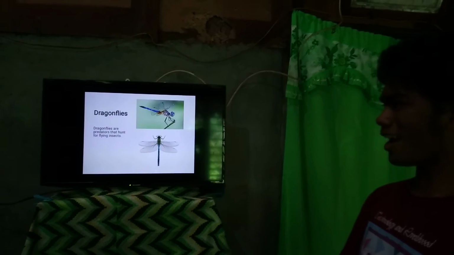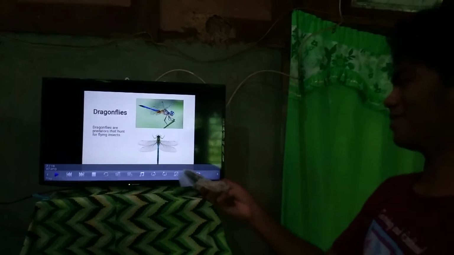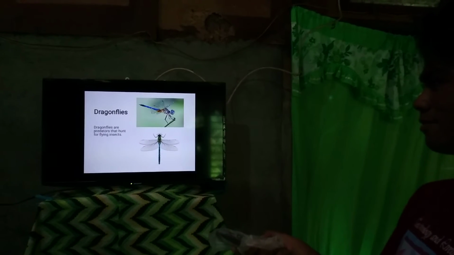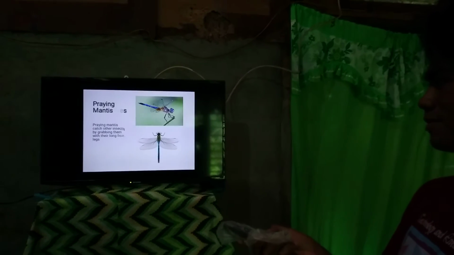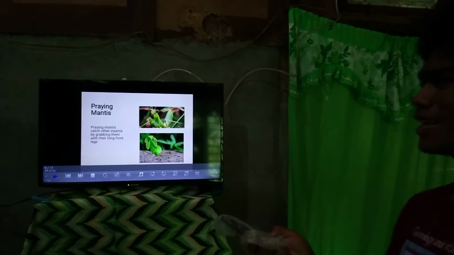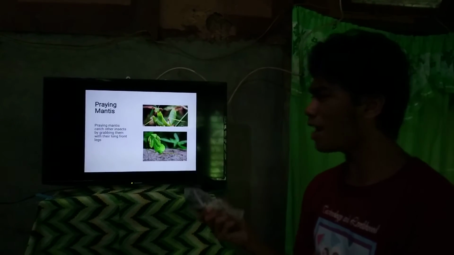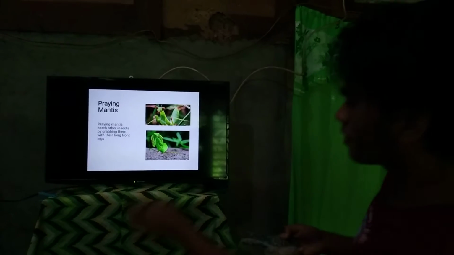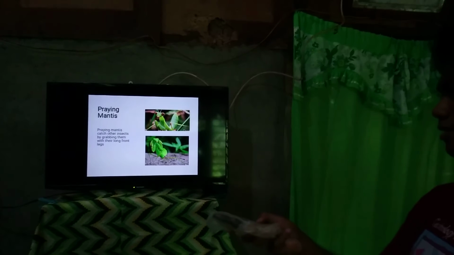Dragonflies are predators that hunt for flying insects. And the next is the praying mantis. Praying mantis catch other insects by grabbing them with their long front legs. So next.